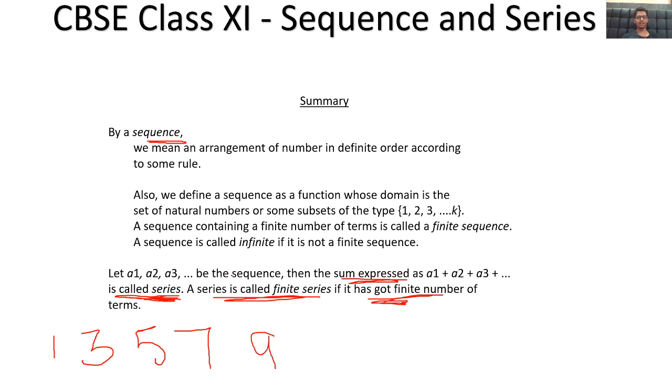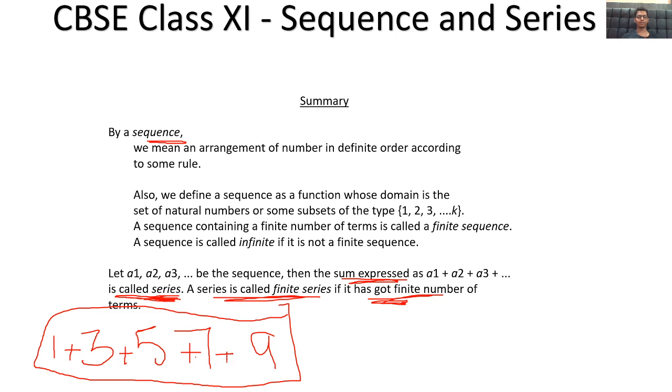This sequence contains only 5 terms, and thus it's a finite sequence. What would happen if we need to find the series of these 5 terms? We simply add all the given terms, that is 1 plus 3 plus 5 plus 7 plus 9. It's going to be 25. So that's how we got the series of this particular sequence.